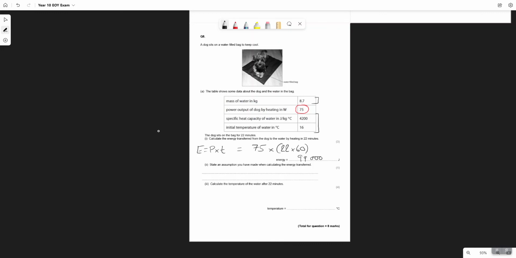There are various things we can say, and there's a lot listed in there, so I'm just going to write it to the side. Acceptable things are that the temperature of the dog is constant.